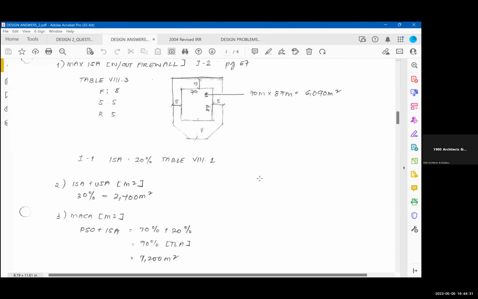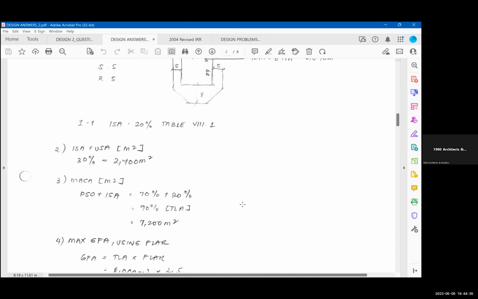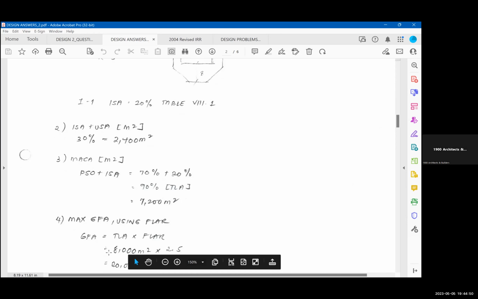So sa 4 naman, using the FLAR, which can be found nasa table din yan, dito din yan sa rule 8. The GFA is equal to TLA times FLAR. So, once nakuha yung FLAR, multiply it by the TLA. So, ang lalabas, ang total is 20,000. Answer is letter C.